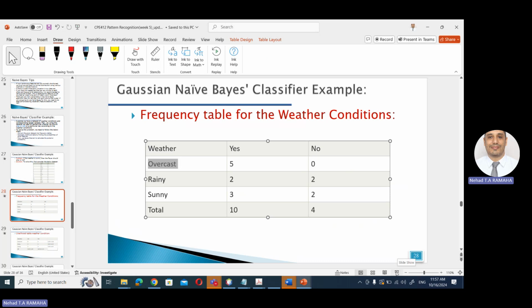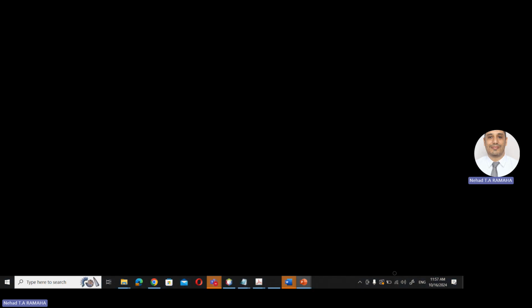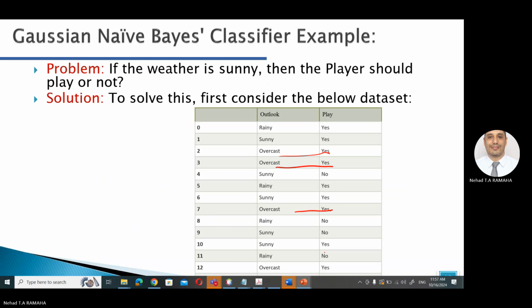So overcast is 5, yes. Overcast, yes, yes, yes. For the rainy, we have 2 yes, 2 no. For the sunny, we have 3 yes, 2 no.